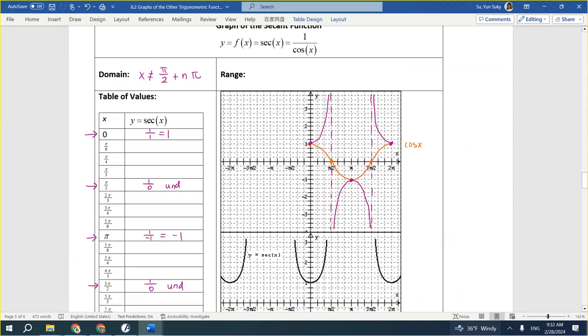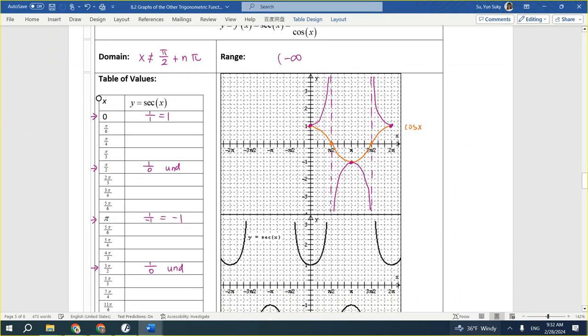So we say the range is from minus infinity to -1, including the -1, union, from 1 to infinity. Have you seen the union symbol before? So we know the domain and range from the graph after you draw it.